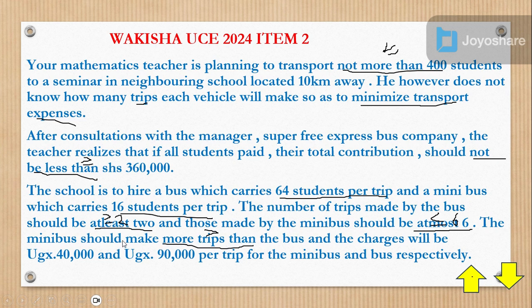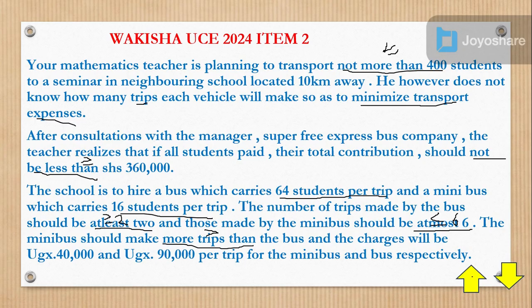But remember, from our letting part, we said X is for the bus and Y is for the minibus. So therefore in our answer we're going to have this. Please let me write here so people can understand. Remember, we said that X is for the bus and Y is for the minibus.